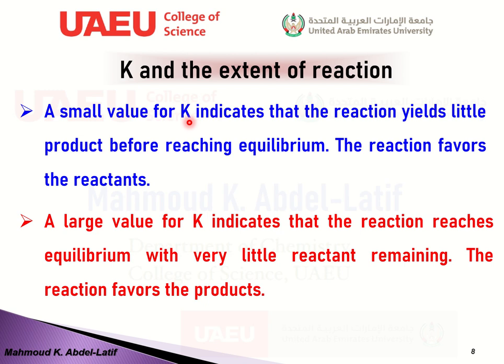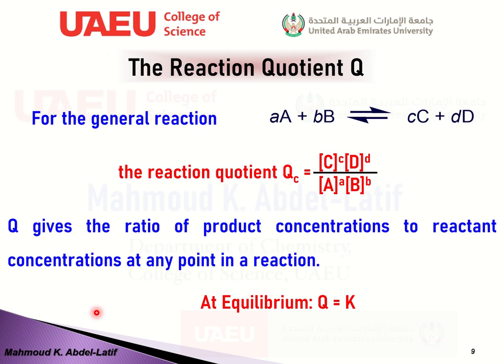A small value of K indicates that the reaction yields a small amount of product before reaching equilibrium, which means the reactant concentration is high, so the reaction favors the reactant, the backward direction. A large value of K indicates that the reaction reaches equilibrium with very little reactant remaining, which means the reaction favors the products.